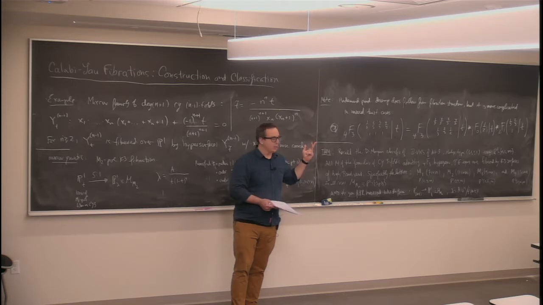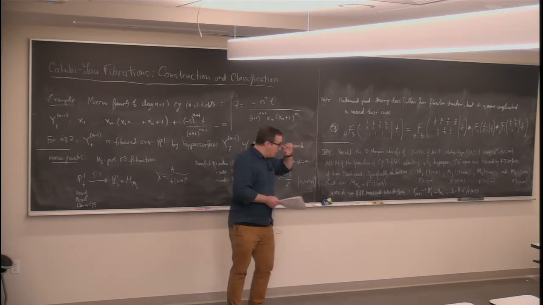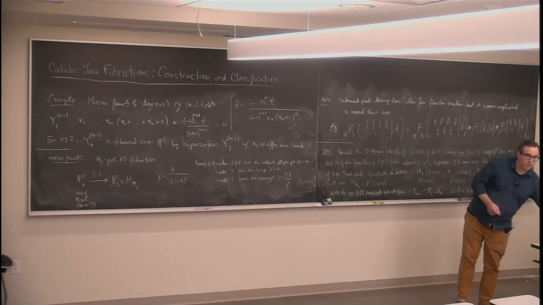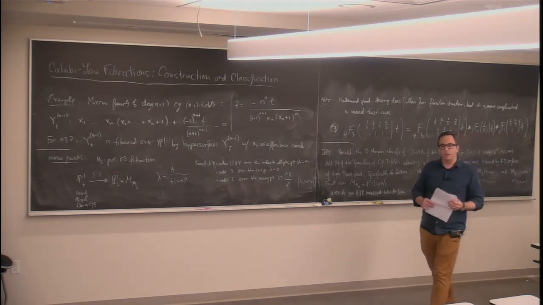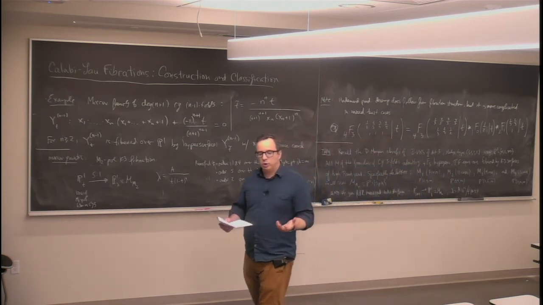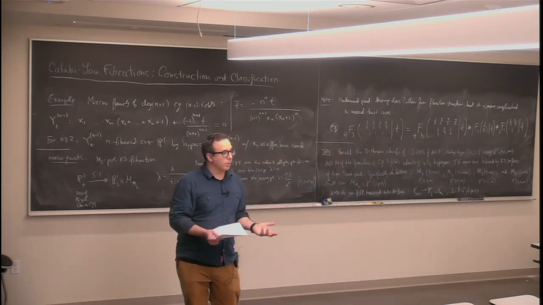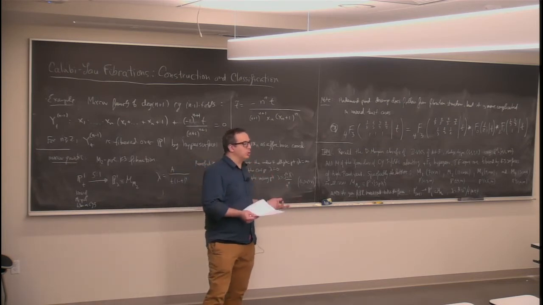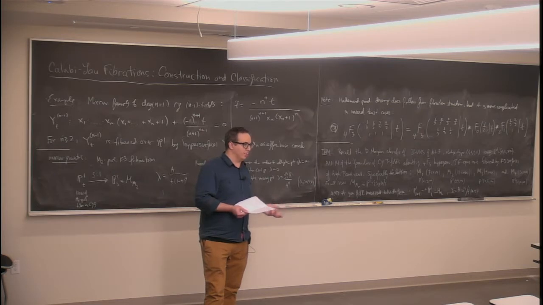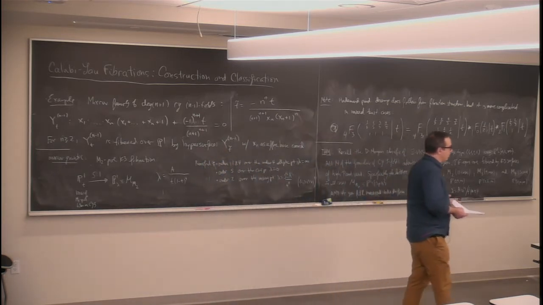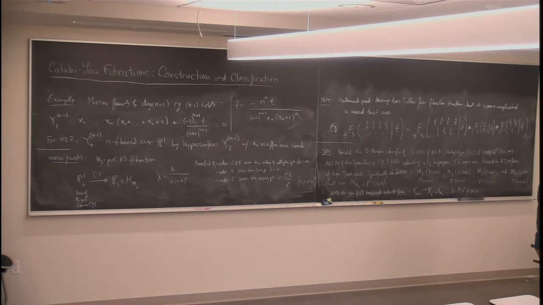All 14. Now, let me just emphasize how crazy this is, because the original reason that list was cooked up was because we were not necessarily looking for regularities among h21 equals 1 Calabi-Yau threefolds. We were looking for candidate variations of Hodge structure for mirrors to h11 equals 1 Calabi-Yau threefolds. And so once we did our classification of integral variations of Hodge structure, we actually had to go and say, well, wait a minute, which of these come from geometry?